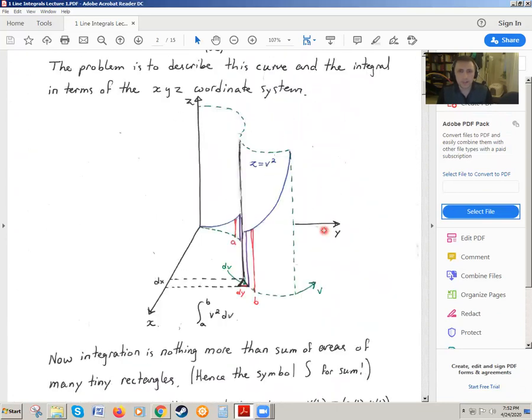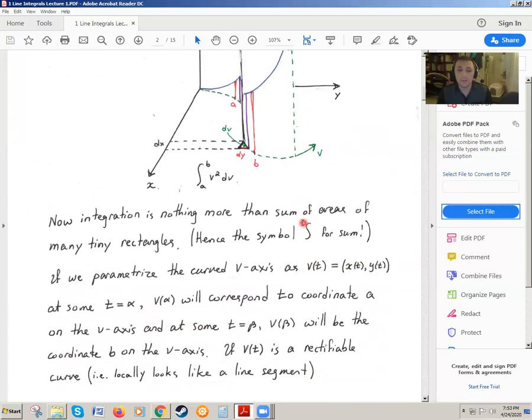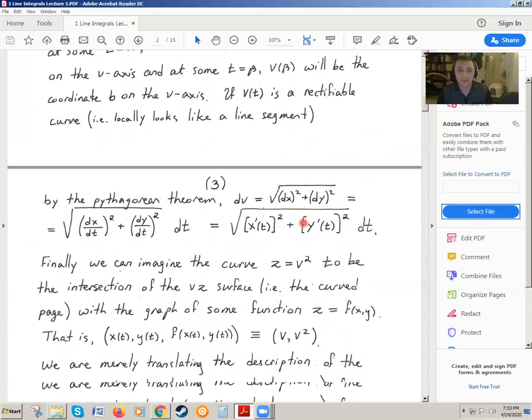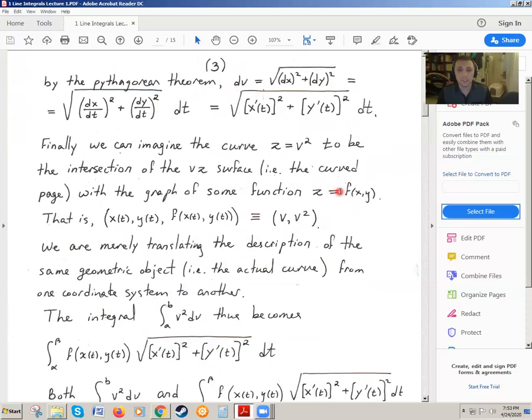So perhaps we can imagine that there is a function of the variables x and y that intersects with this paper surface, we can call it a plane if you want to, this distorted paper plane. So there is a curve that will intersect, and that curve will be described as z equal to f of x, y.